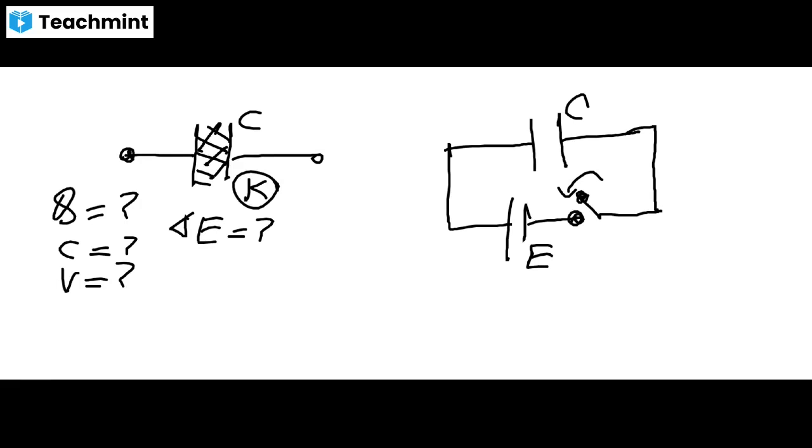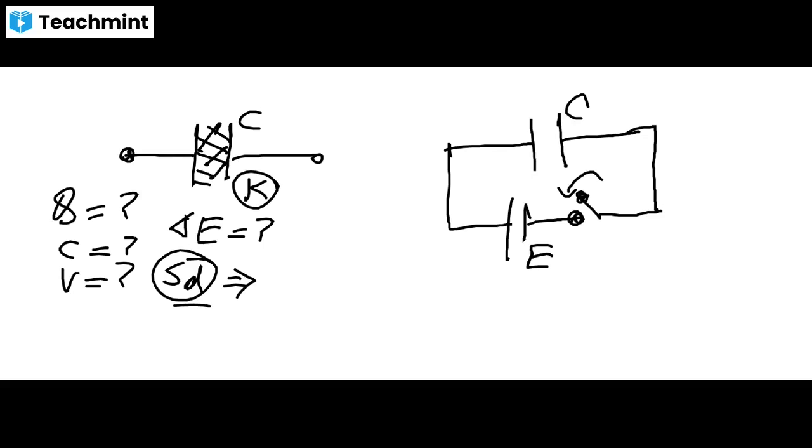Here we first have to think that this capacitor right now is fully charged and it is isolated. So definitely the charge has no path to move to another object.